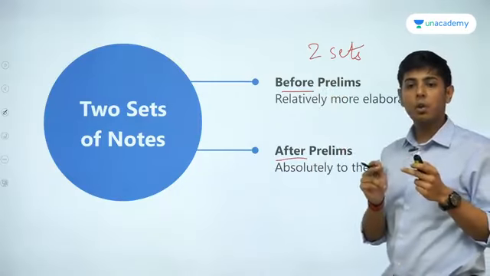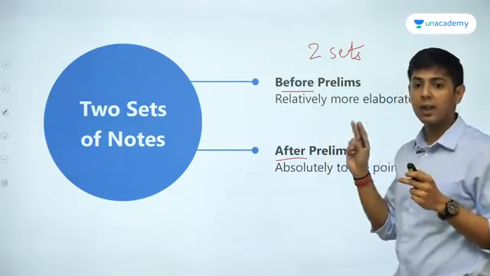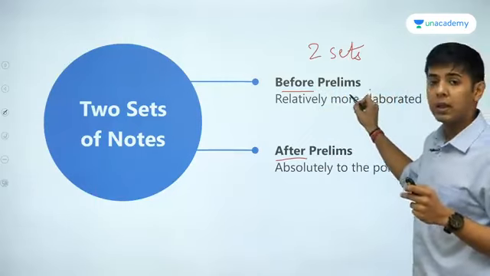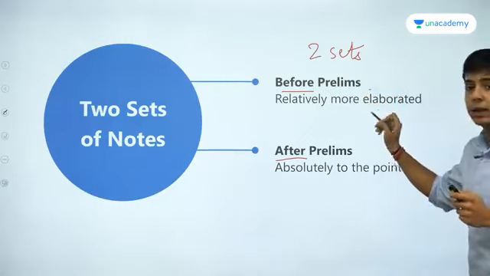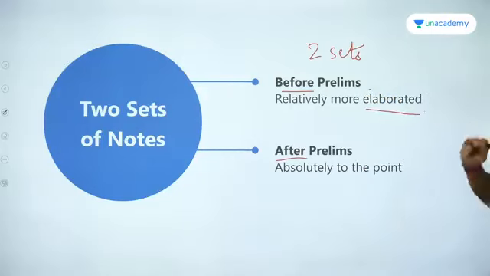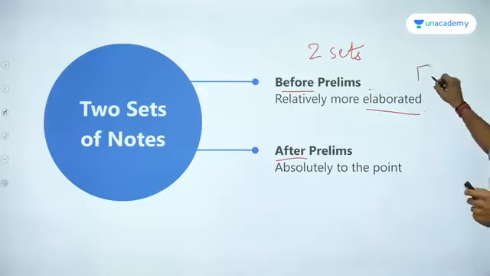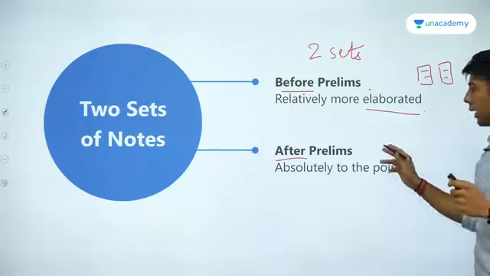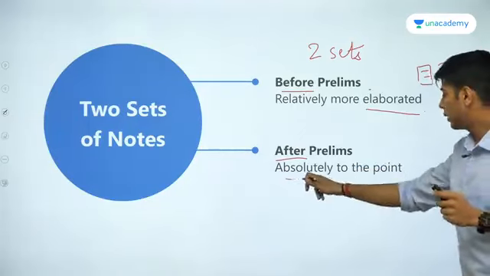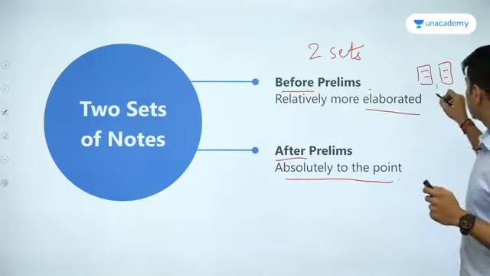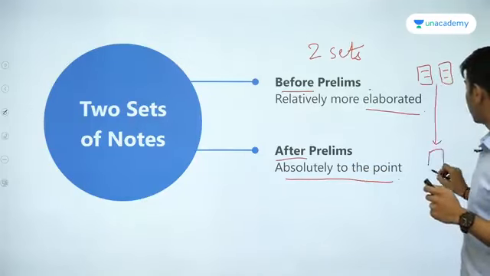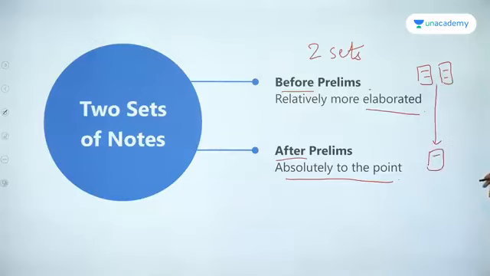So on the same topic, I had two sets of notes in the end. The ones I made before prelims were relatively more elaborated. Then after prelims, absolutely to the point notes. So this was converted into absolutely to the point information.